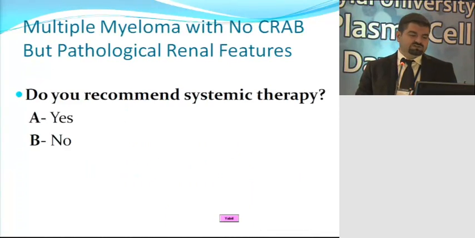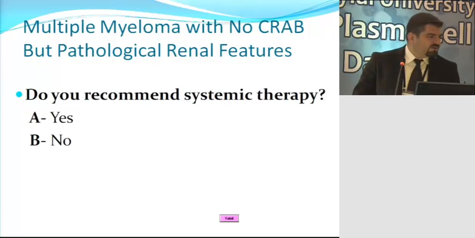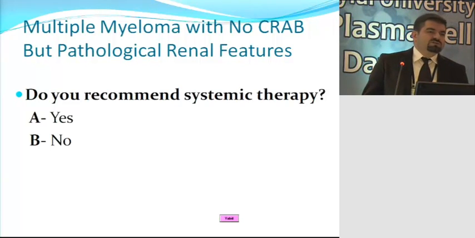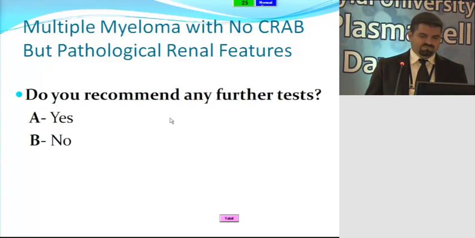At this time point, multiple myeloma with no CRAB but pathological renal features, do you recommend systemic therapy? Yeah, that was negative. Urine, it was 450 milligrams per day. Yeah, you can vote now.